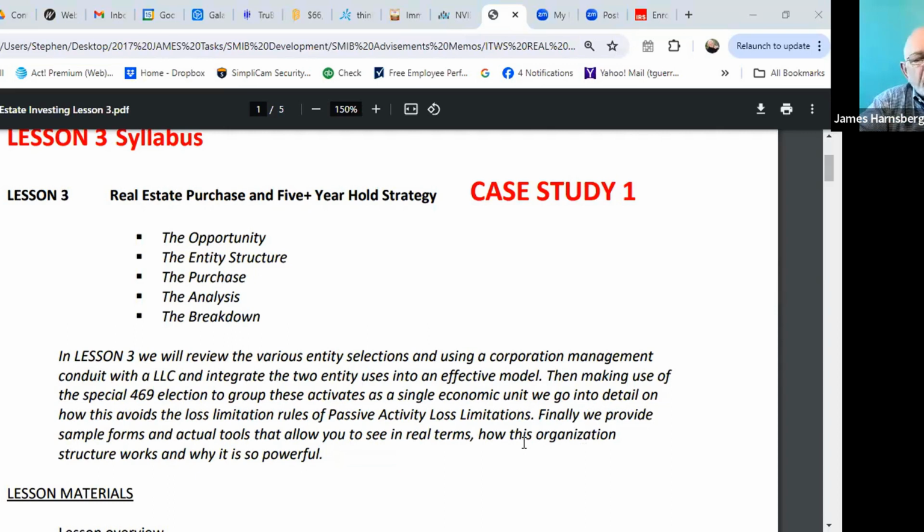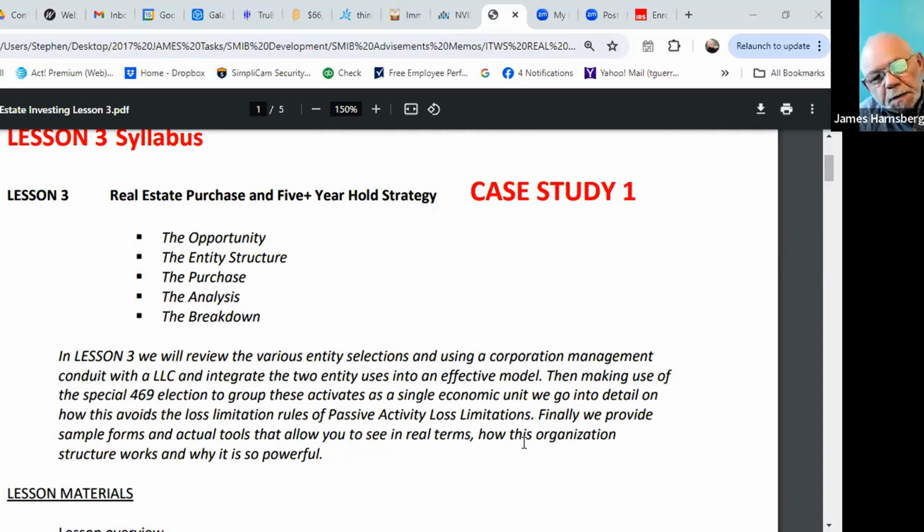And I have yet to see an investor in real estate where I've looked at it for the first time and they're set up in the most optimal or tax-centric way that gives them the most advantage. There's always some issue that needs to be refined or adjusted or reorganized to give them a more tax-centric approach to their real estate investment.